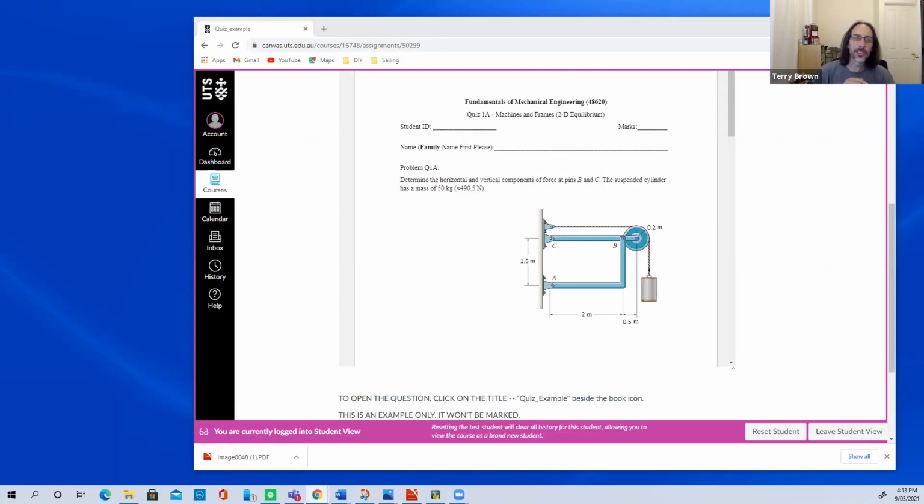Okay, so how did you guys go with the tutorials and the example problems last week with 2 and 3 force members, particularly 2 force members? That's the most important thing to get right. Can anyone recognise which is the 2 force member in the quiz example problem here?